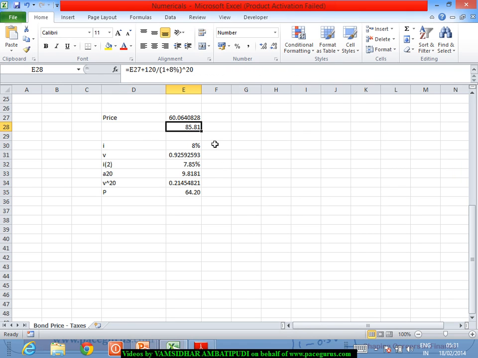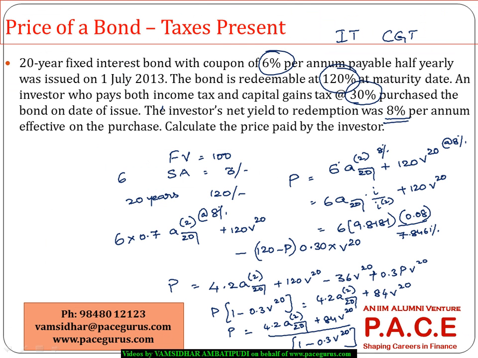So when the taxes were not there, the investor was willing to buy this bond at 85.81, but with the presence of taxes, it cannot be bought for more than 64.2. That is how the prices will vary in case the taxes are present on the bond. The presence of both income tax as well as capital gains tax would reduce the price that needs to be paid for purchasing that bond. Alright.